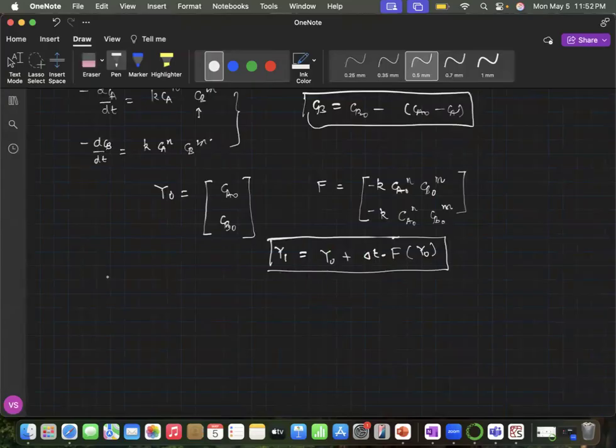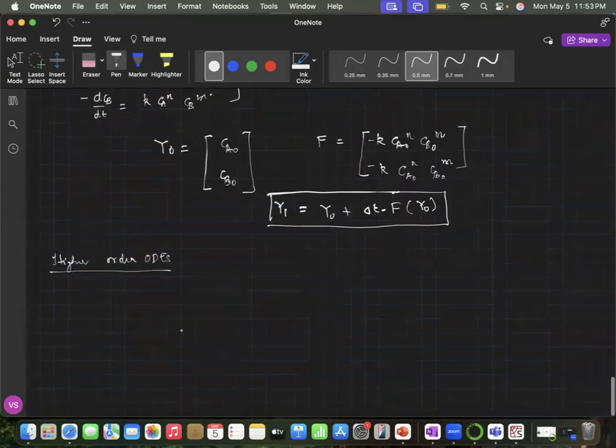There's one last thing that I would like to discuss, and that is higher order ordinary differential equations. So now, since we have learned how to solve coupled ODEs, we could go ahead and try to solve higher order ordinary differential equations.